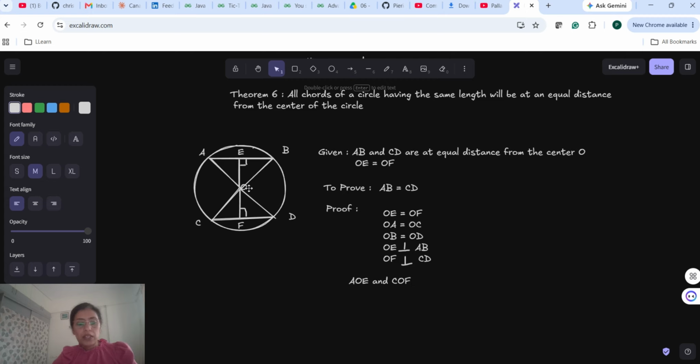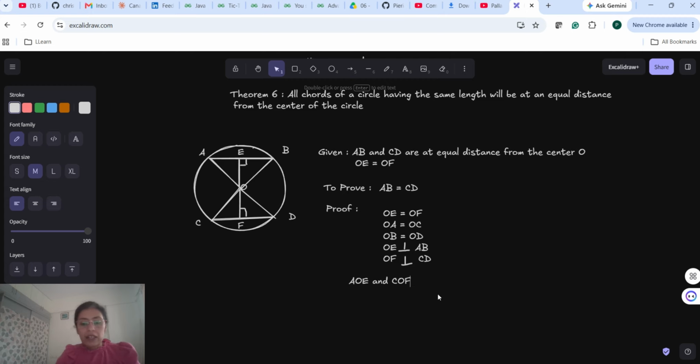Here OA is equal to OC. This is the right angle, and it's also the hypotenuse, and we have OF perpendicular to OE, and OE and OF are equal. So this makes it a right angle hypotenuse side congruency. So this will mean that AE is equal to CF, right?